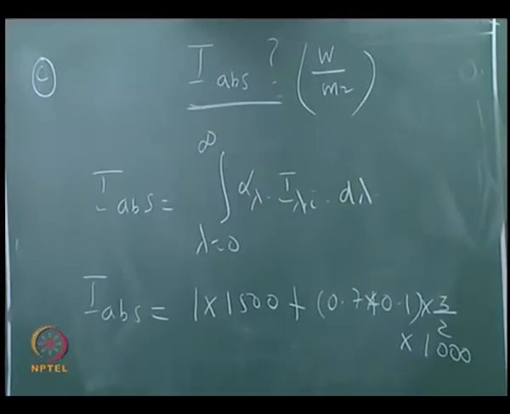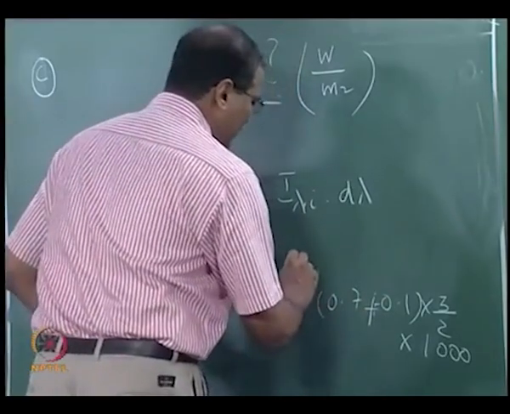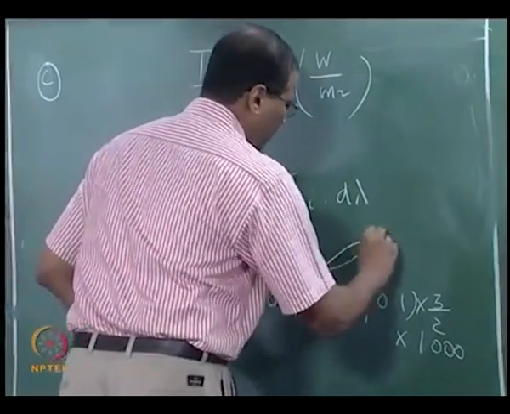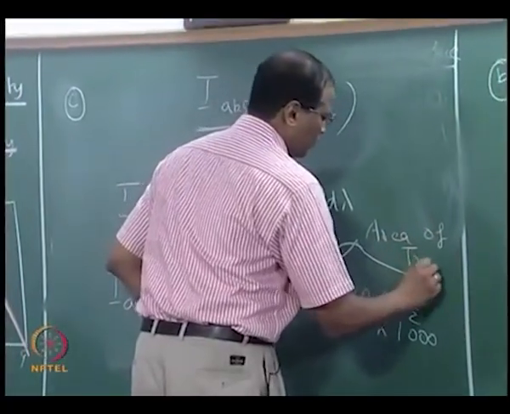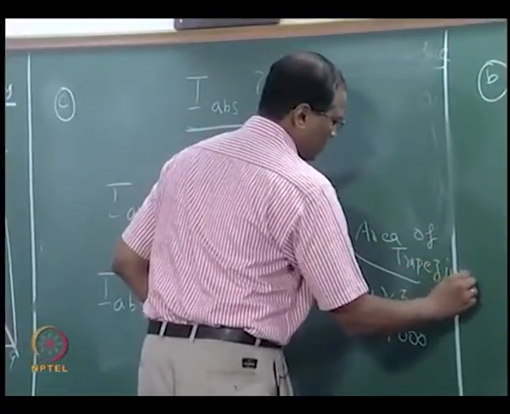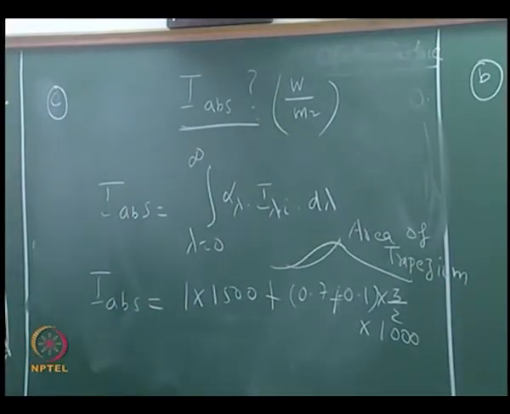Yeah, then what happened? 0.7 plus 0.1, not into, sorry. All of you got this? This is the area because it is varying.